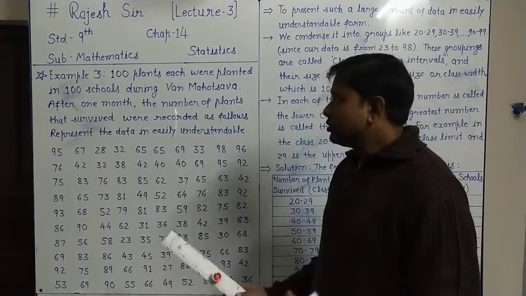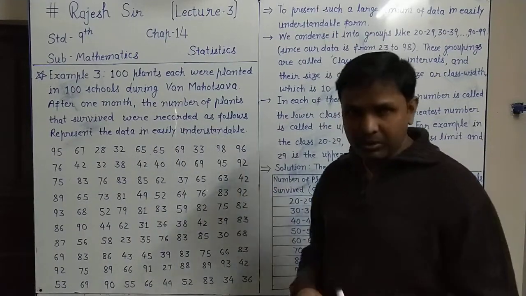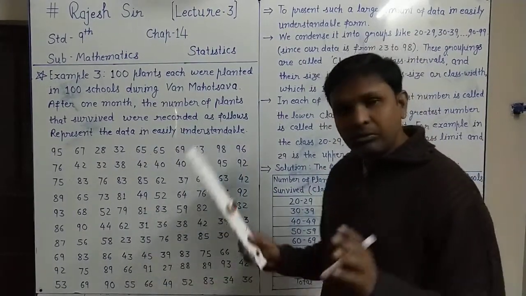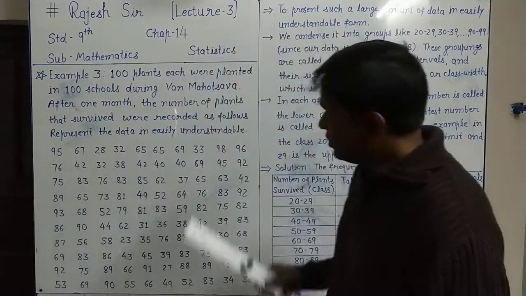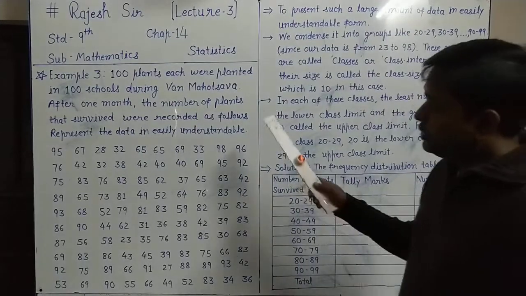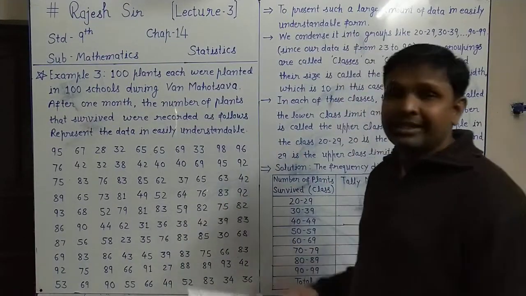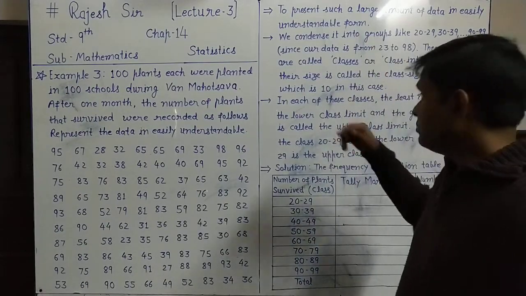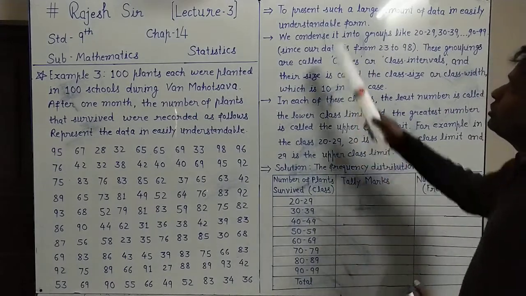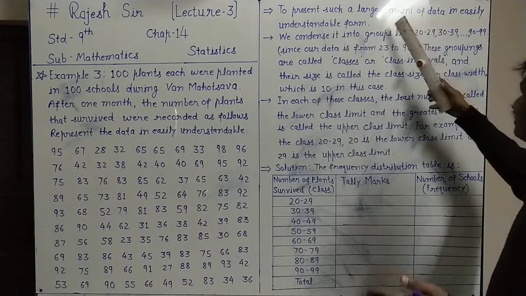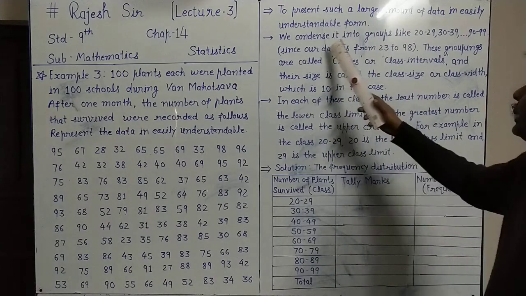So we want to represent this data in an easily understandable form. With the solution of this example, we will also define some terms. To represent such a large amount of data in an easily understandable form, we condense it.